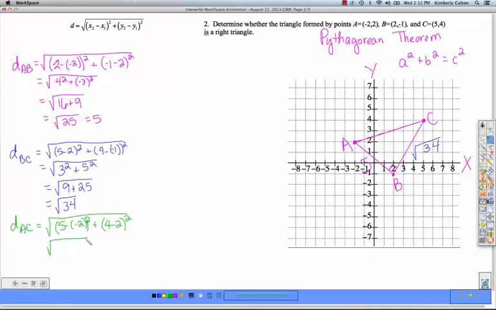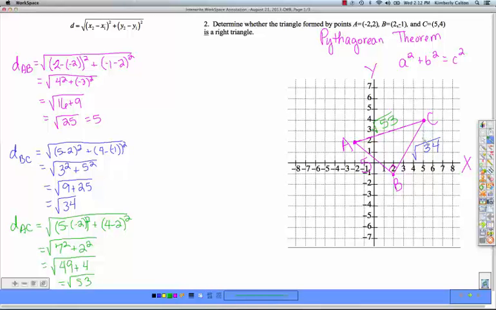So now we have 5 minus negative 2, so that's 7 squared plus 2 squared. So we have 49 plus 4. So we have the square root of 53. So we're going to go ahead and label that as well.